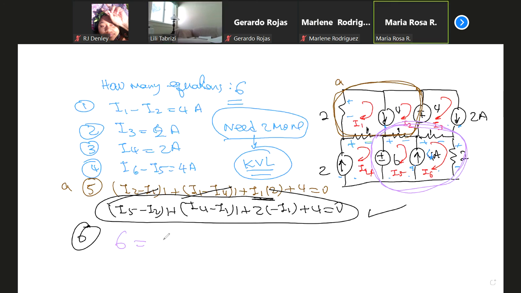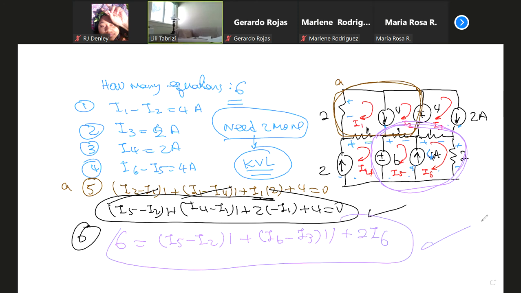I see I5 minus I2 times 1 ohm. Correct. I see plus I6 minus I3 times 1 ohm. I see plus, that's the 2 kilo ohm times I6. Good. That's the equation. You get all 6 equations, 6 unknowns.